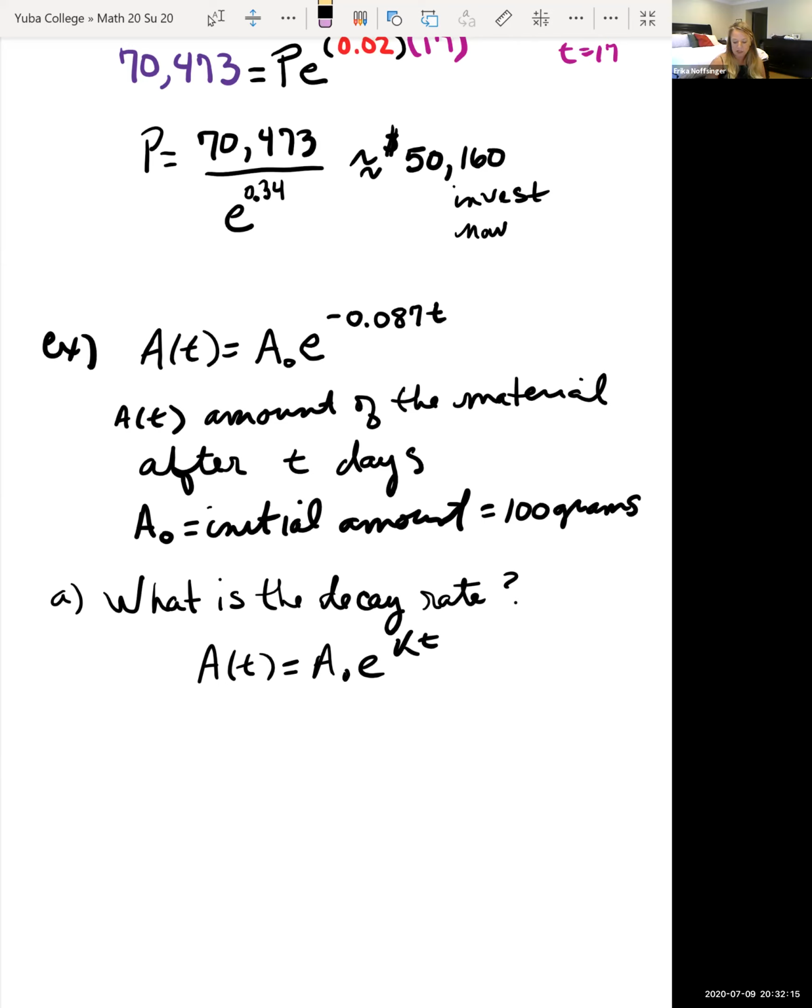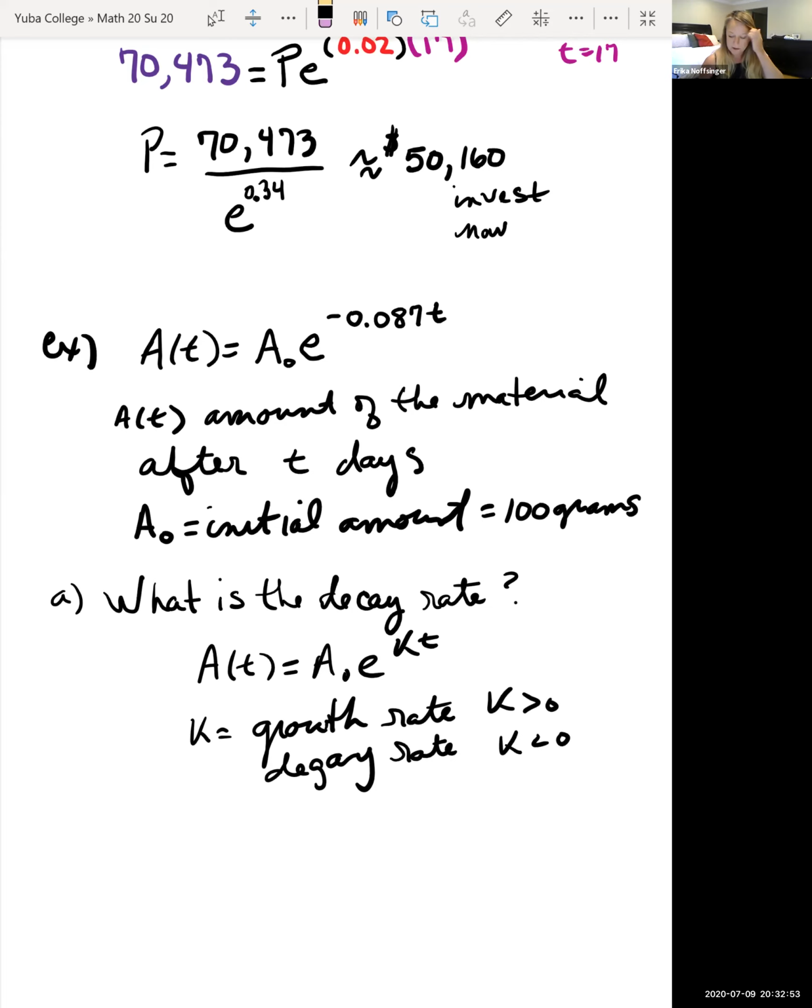K was equal to the growth rate if it was bigger than 0, and decay rate if k was less than 0.